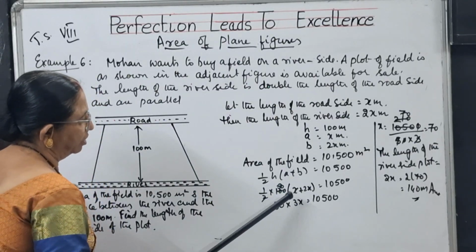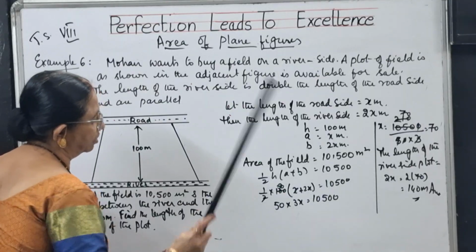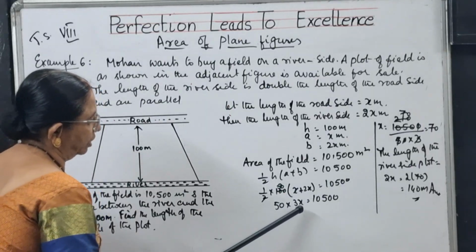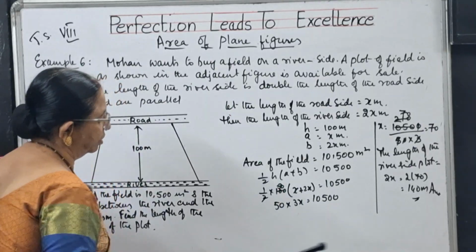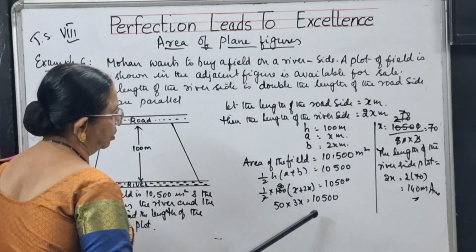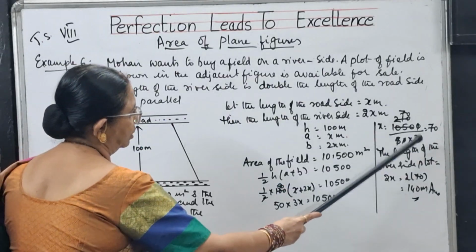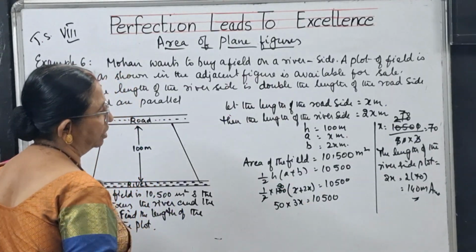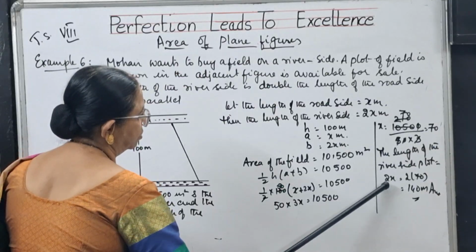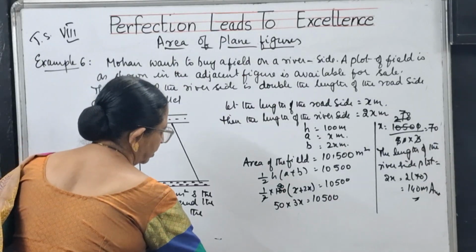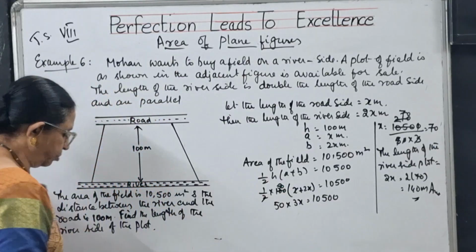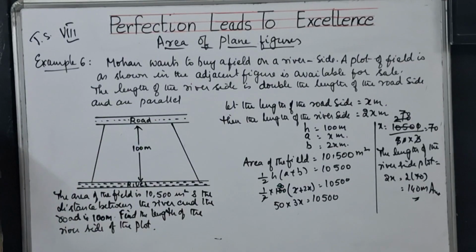Half into 100 into x plus 2x is 10,500. So 50 into 3x is 10,500. So x is equal to 10,500 by 50 into 3. You are getting 70. But the length of the river side is 2x. 2 into 70 is 140 meters, children. This is the answer for this problem. Please note it down.